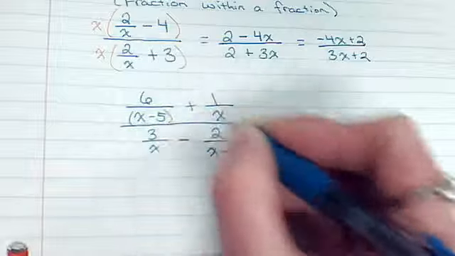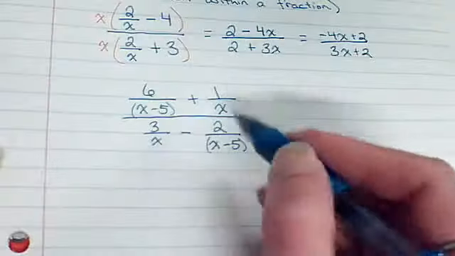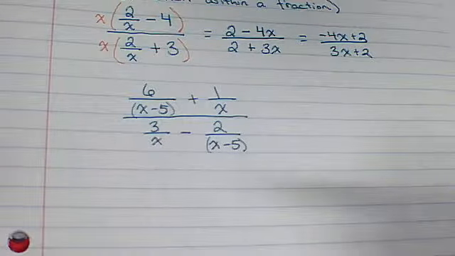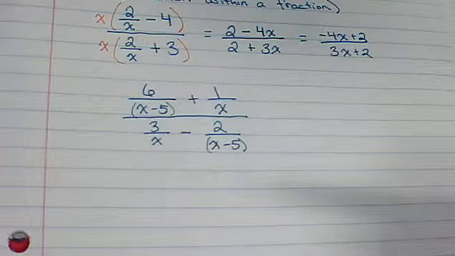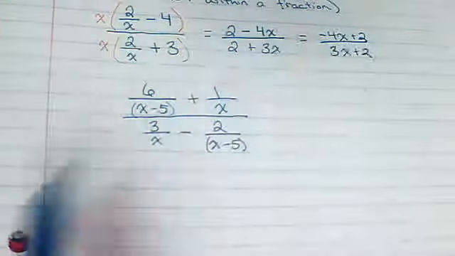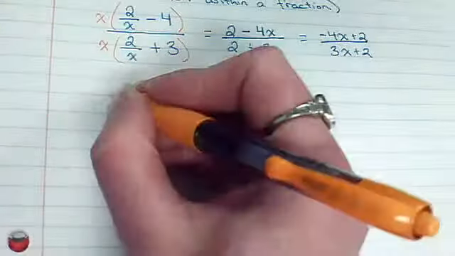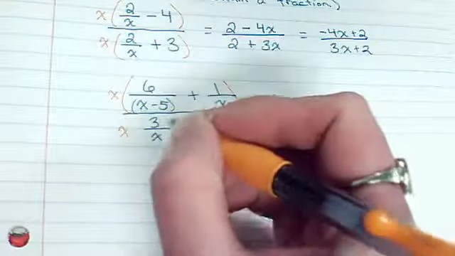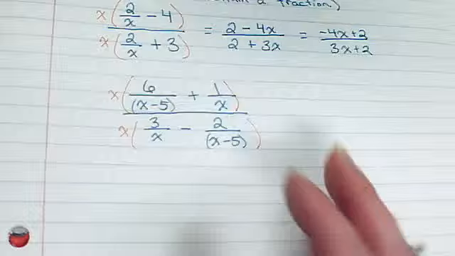Okay, so this one, we have two different denominators within our fractions. So let's just handle it piece by piece. Let's start with the x. That one was easy last time, so let's do the x. We're going to multiply the numerator and the denominator by x.